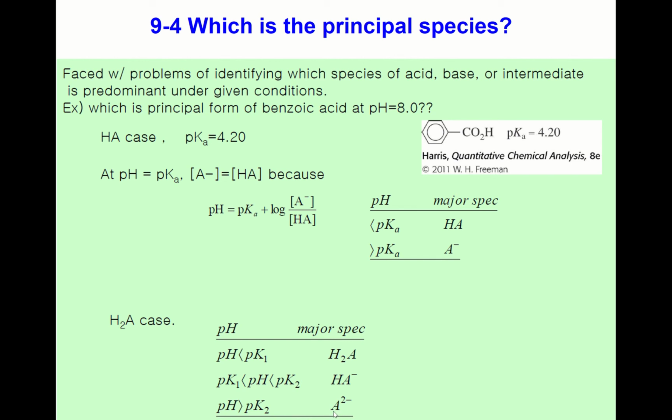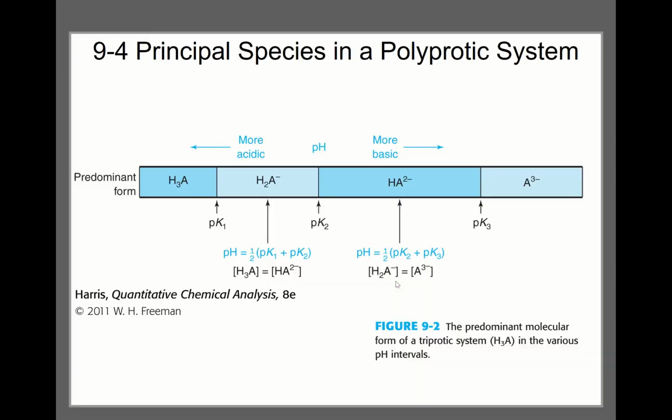But in between, between pK1 and pK2, the major species is HA minus. It's quite simple. We can illustrate this on this kind of rod.